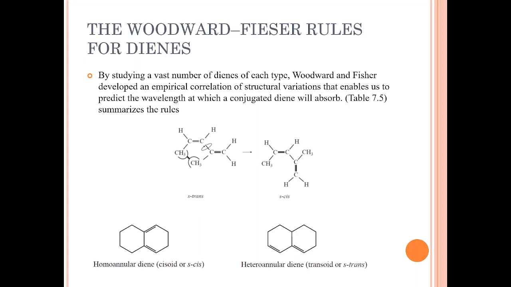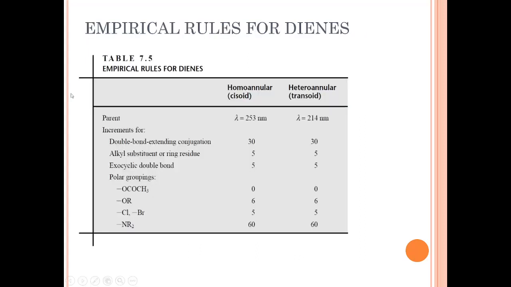Now let's go to Table 7.5. So this is Table 7.5. It shows the empirical rule for dienes. As you can see here, we have parent dienes for the homoannular and heteroannular dienes. For the parent homoannular diene, we have a basic value of 253. Why?